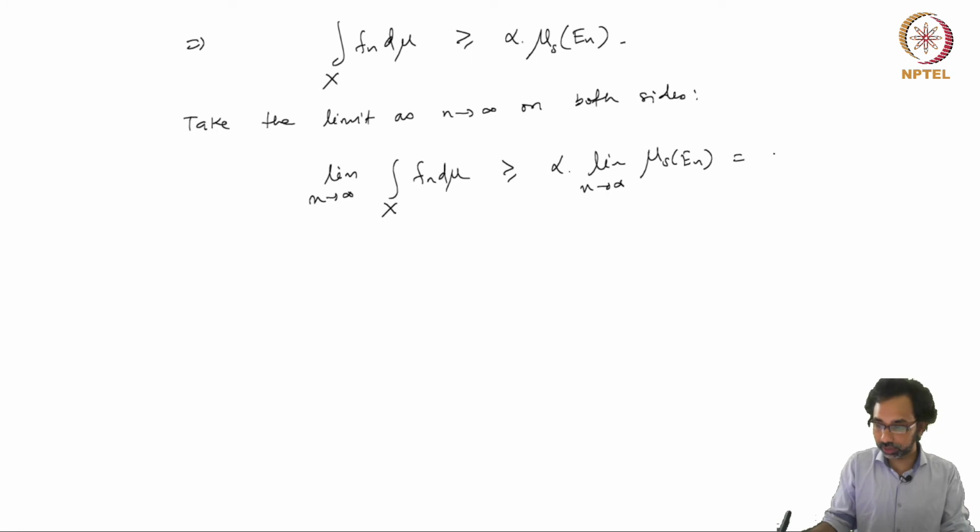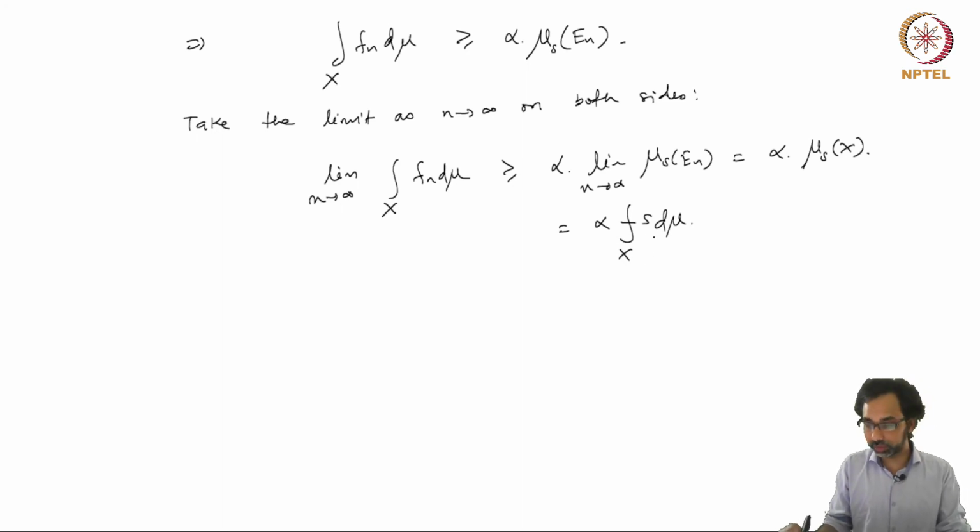But we have seen that this is nothing but alpha times mu_s of the whole space X, which can be rewritten as alpha times the simple integral of s d mu over the whole space X.